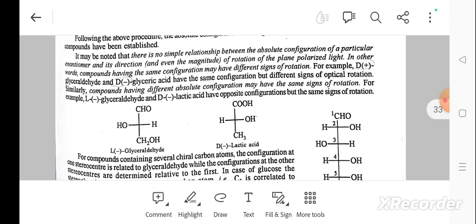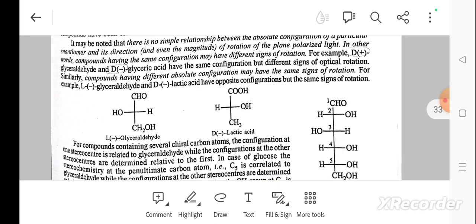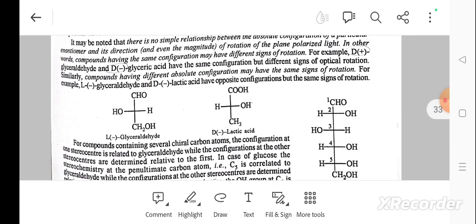Example: D positive glyceric acid and D negative glyceric acid have the same configuration but different signs of optical rotation. Similarly, compounds having different absolute configurations may have the same sign. For example, L negative glyceric acid and D negative lactic acid have opposite configuration but have the same sign of rotation.